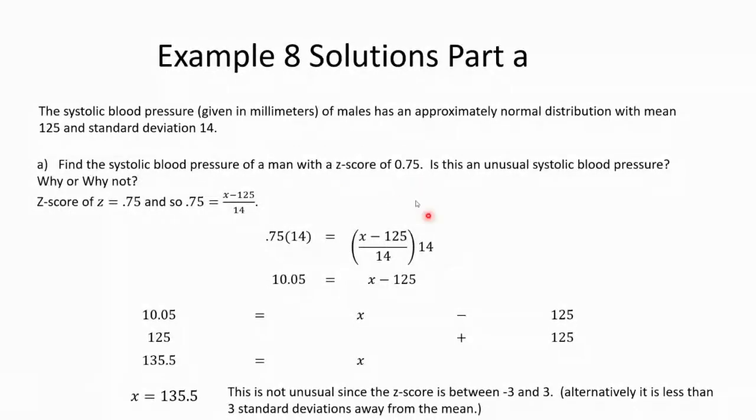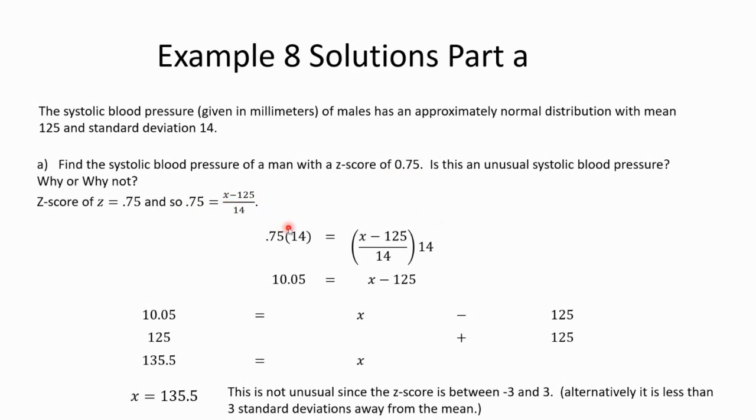For the first one, I give you the z-score, and again, we want the data value. The z-score is always equal to the data value minus the mean divided by the standard deviation. So we have all this. We just don't know the data value. That's what we're looking for.